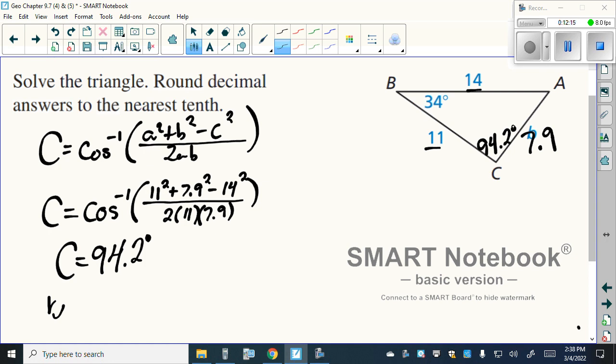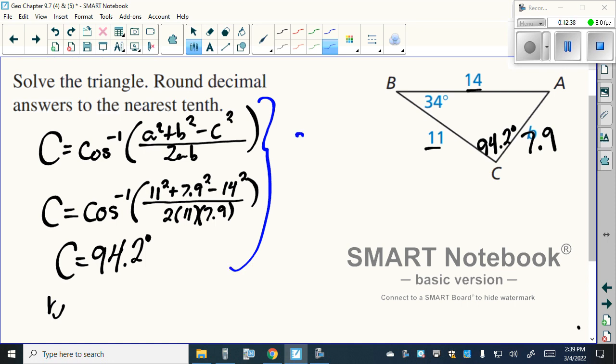The last thing we need to do is find the measure of A. We can add 34 and 94.2 together and subtract it from 180. We could have done the exact same thing we did to find C to find A, and we would get the same thing.